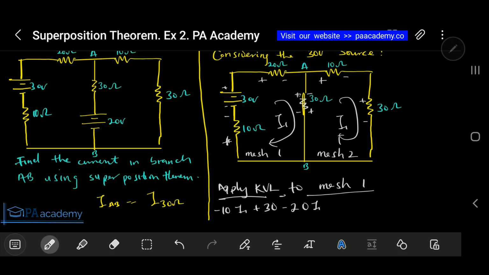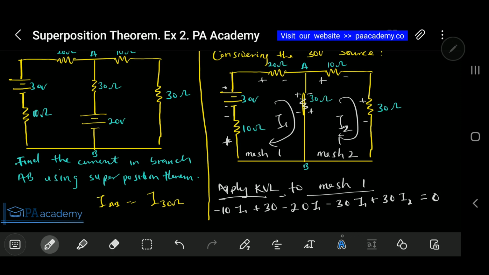If you come over here, from plus to minus due to I1, that will be minus 30 I1. And then we have negative to positive due to I2, so that will be plus 30 I2, and that's the whole closed path, equals 0.